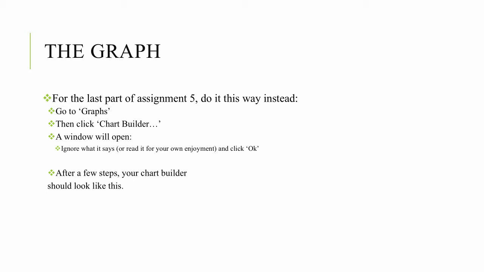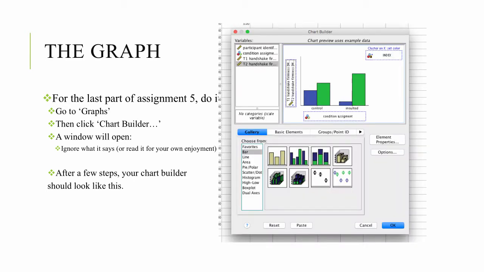This window will pop up, and you can ignore what it says or learn from it, whatever you want to do, just hit OK. And then after a few more steps, your chart builder should look like this. I'm going to go over how to do this after I'm done with this brief PowerPoint.